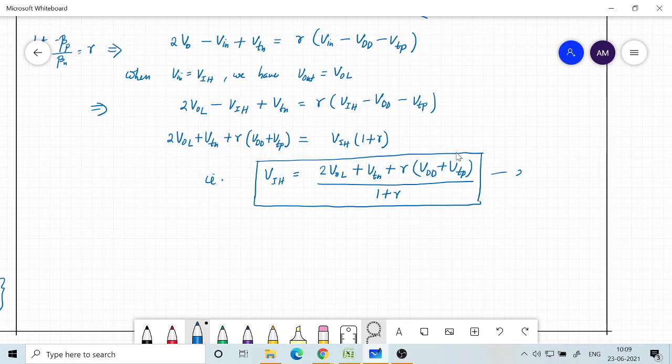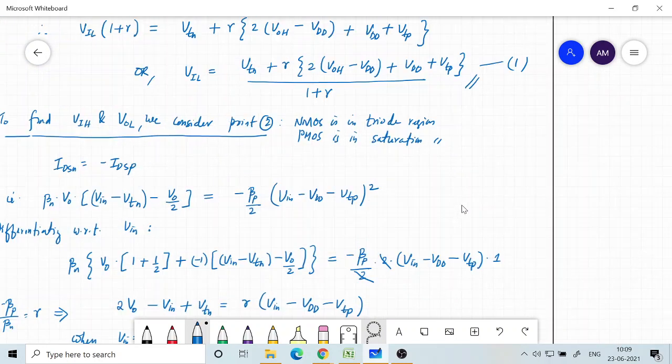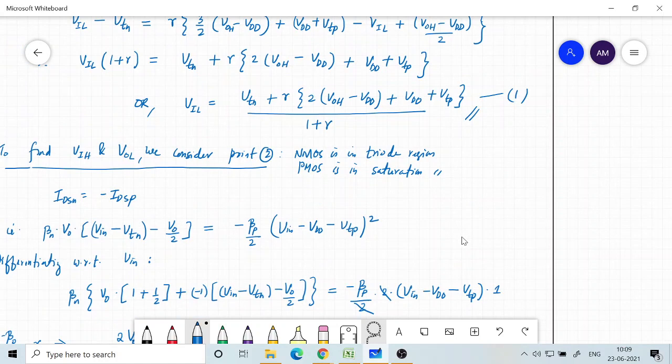So this is equation 2. So we have two equations, one for VIH and the other for VIL.